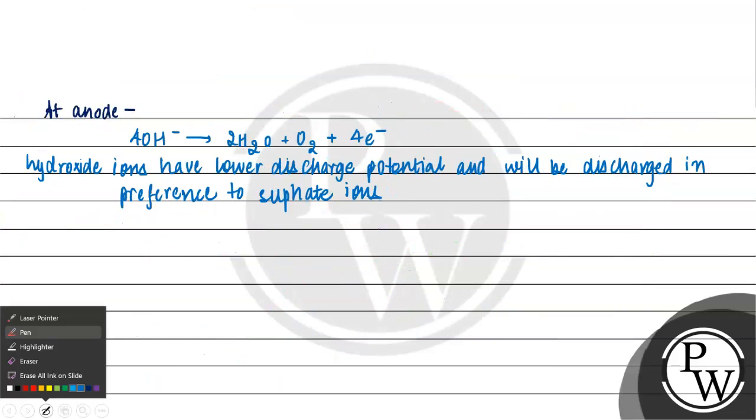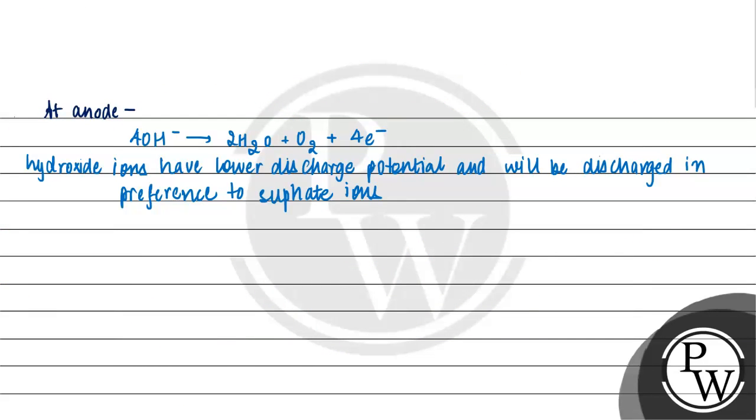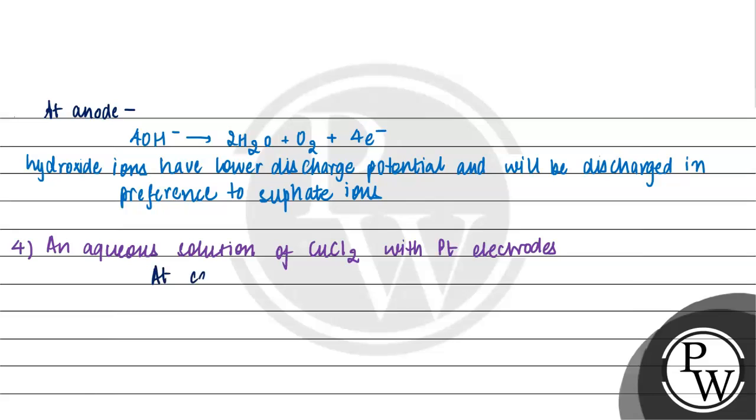Now let us write the fourth reaction and the last reaction which is involved. Fourth reaction हमें दे रखी है an aqueous solution of CuCl2 with platinum electrodes. Now, if we see the reactions which are involved in this reaction, हम at cathode देखते हैं reactions.